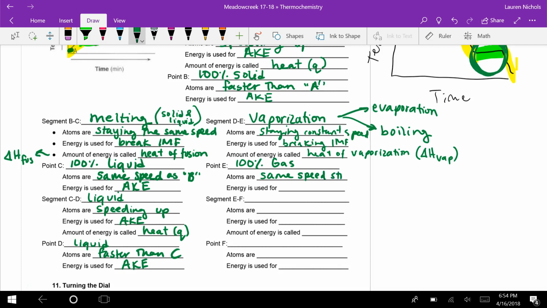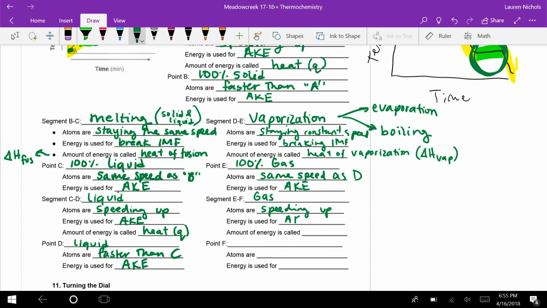I don't need to write still in our notes. It's the same speed as point D. And the energy is being used for average kinetic energy again. And we'll see that in this segment because once it switches to being used for average kinetic energy, the atoms in segment EF are still a gas, but the atoms are speeding up.